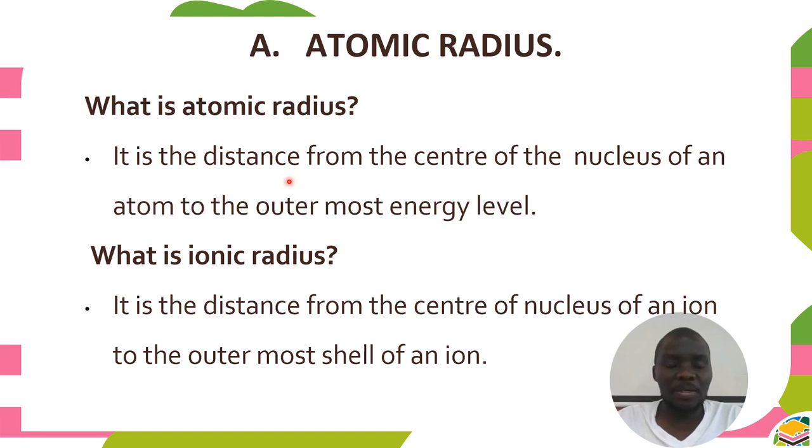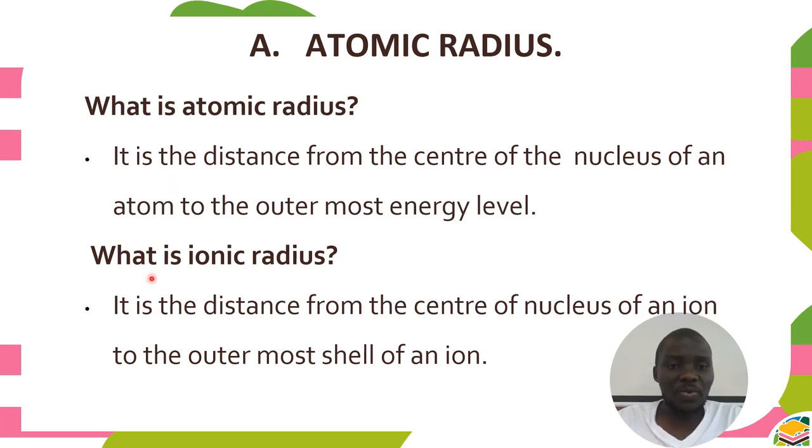Remember in Form 1, we used to draw the structure of an atom, and we used to draw a circle to represent the structure of an atom, and sometimes we had the inner circles, which are called energy levels. So if we start from the center of the nucleus to the outermost energy level, it will give us a radius of that particular atom.